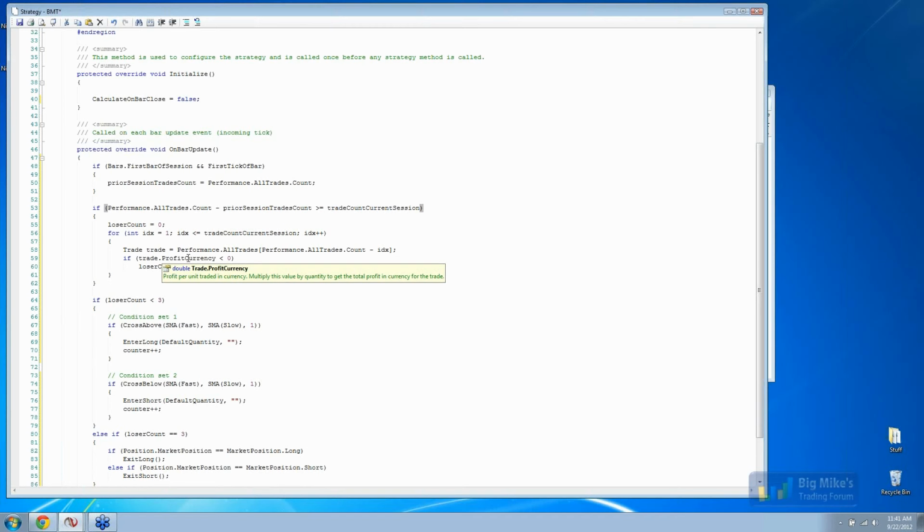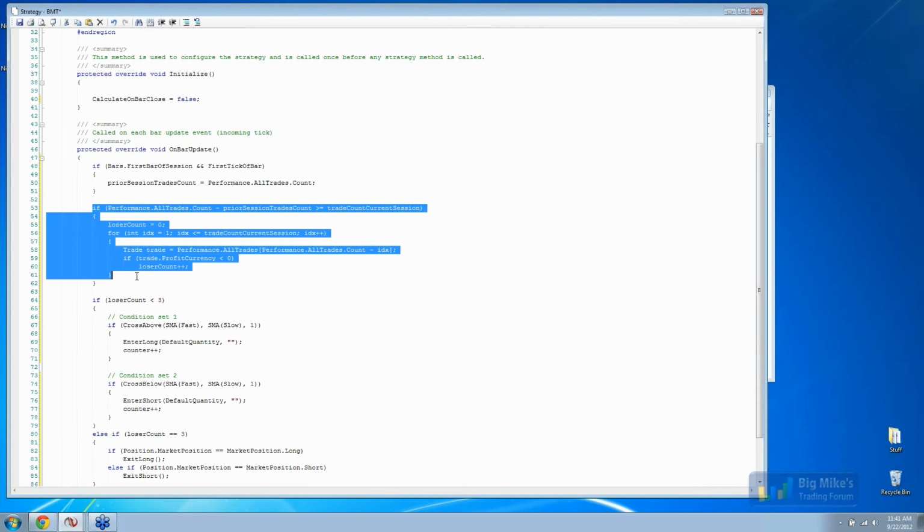So if we don't make any new trades, there's no point to constantly be calculating how many consecutive losers we have. So what I'm going to add in now is just a way to have this block of code only executed after we make new trades.